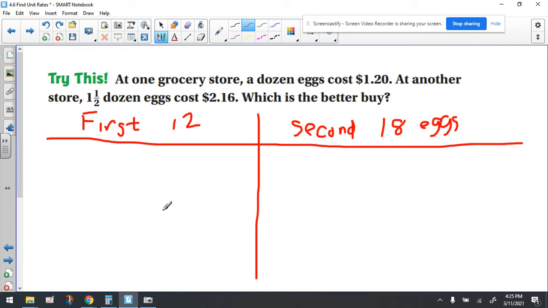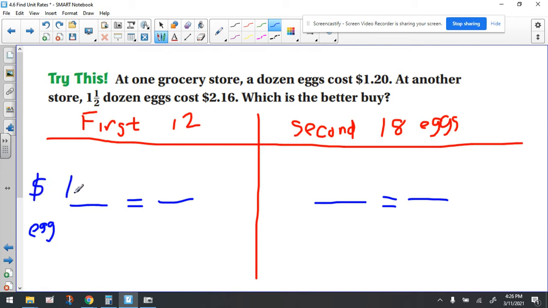All right, so let's set up our proportions for both situations so we can analyze which is cheaper and which is the better buy. So here, we think about how much you are paying per 1 egg, right? So we're talking about per egg. The first store, we're buying our dozen for $1.20, and you're getting the 12 eggs, because that's what a dozen is.